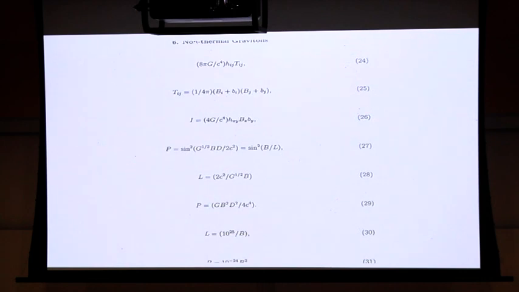And the beauty of that is that since the process is coherent, the probability of conversion goes as the square of the length. So the probability of conversion is actually this equation 29.